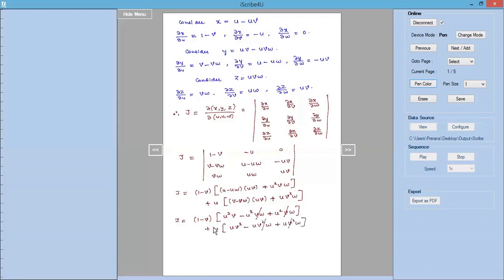So again these two get cancelled. So we have the Jacobian J is equal to 1 minus v multiplied by u square v plus u multiplied by uv square. So this gives us u square v minus u square v square plus u square v square. So finally, the Jacobian is u square v.